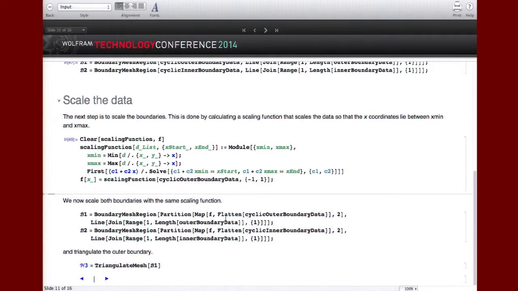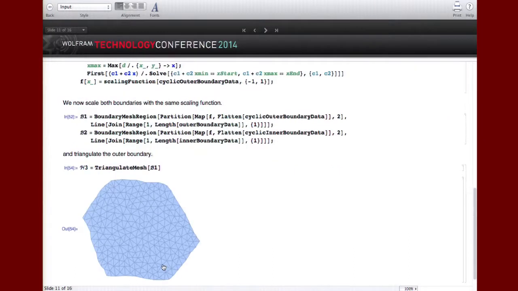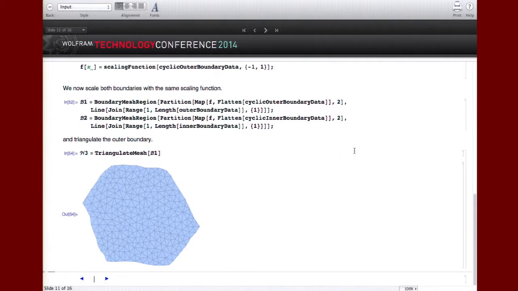Then I'll show you. So we scale the boundary regions and triangulate. So there's the outer regions, gotten from my picture and triangulated.